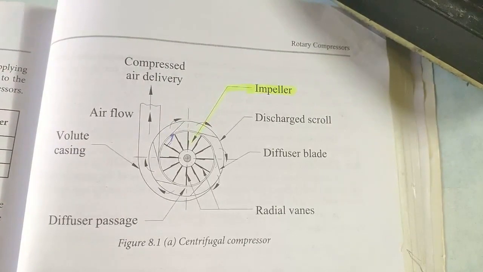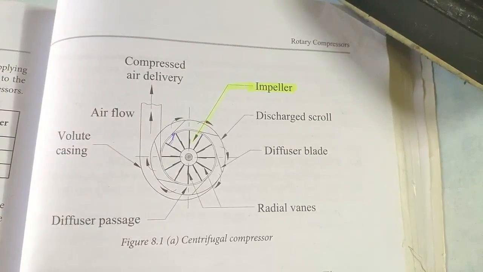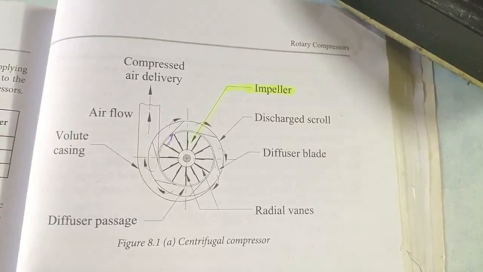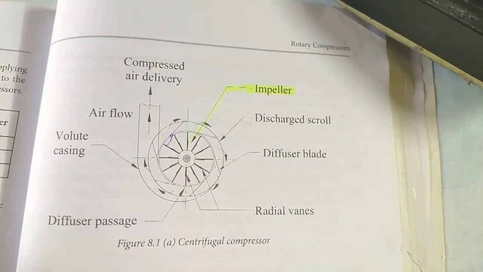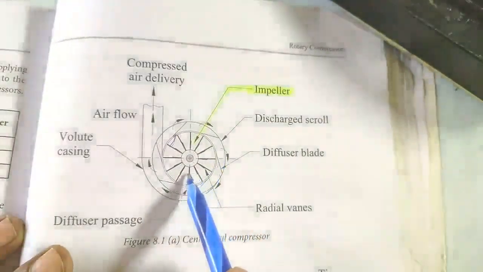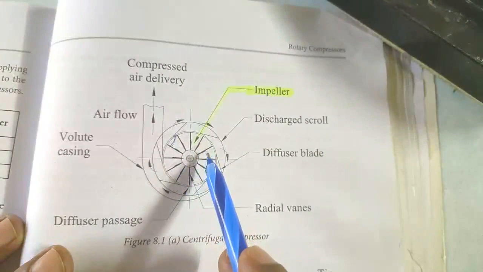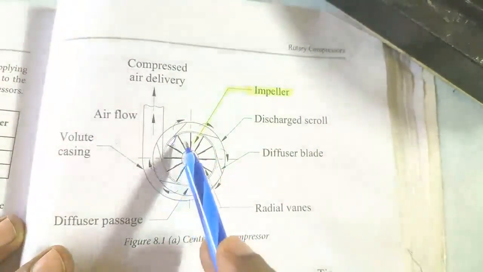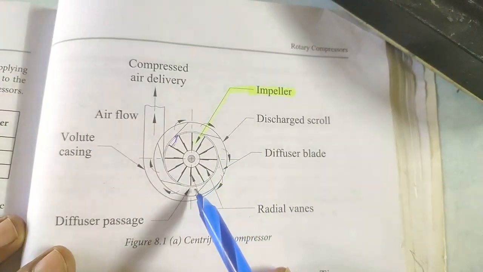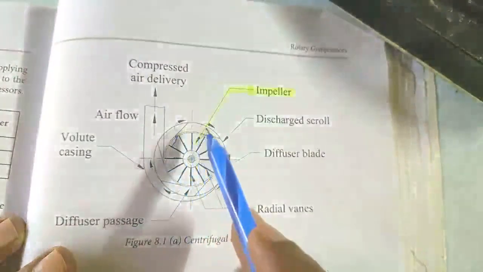So the main components of a centrifugal compressor are similar to those of a centrifugal pump. It consists of a rotary element known as the impeller, which is a rotating component, and the second component is a diffuser. You can see here a diffuser.